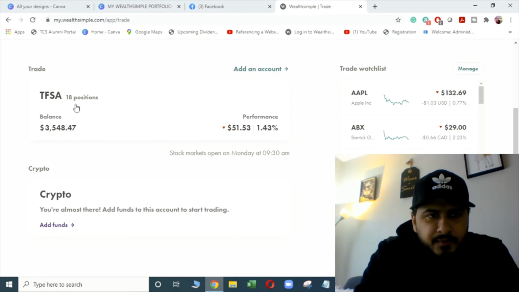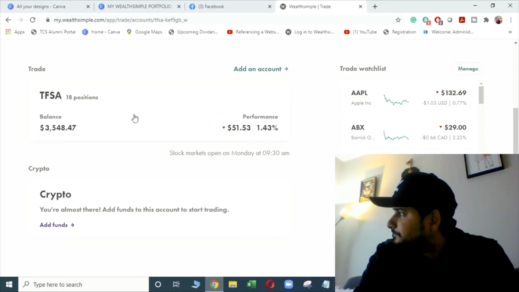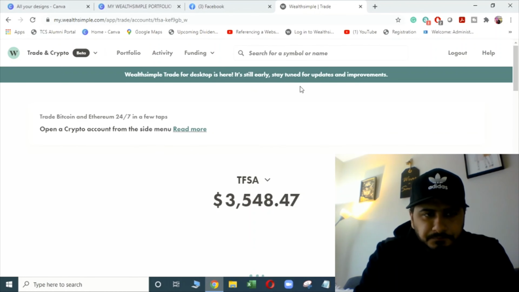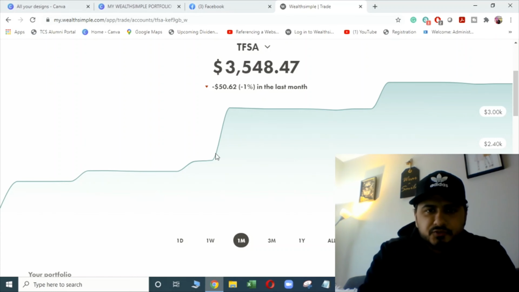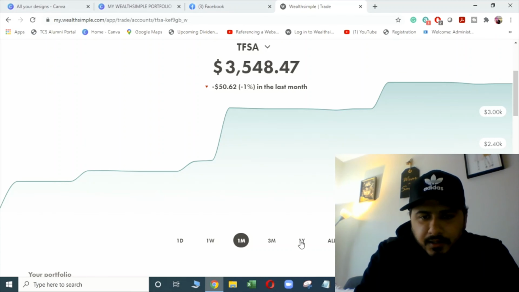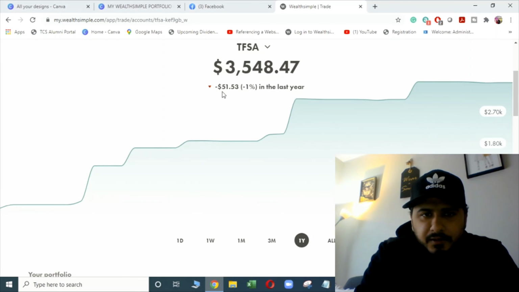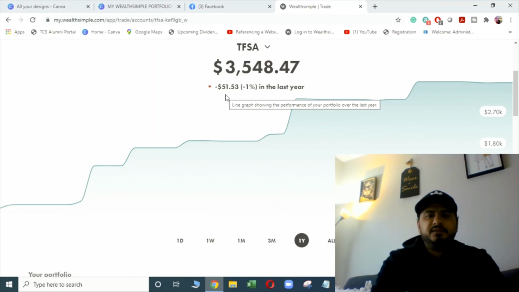Currently I am holding 18 positions. That means I am holding ETFs and some stocks in this TFSA account. So let's dig deep into it. As you can see, over all time, that is 1 year, I am down by $51.53.